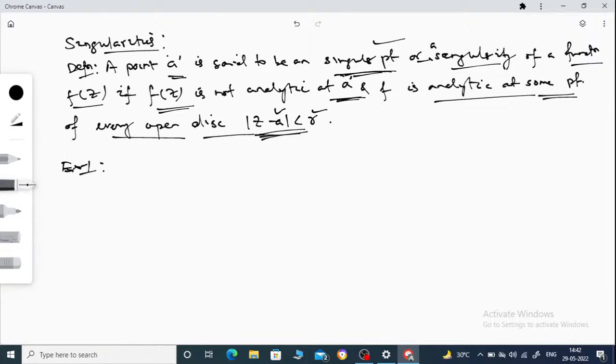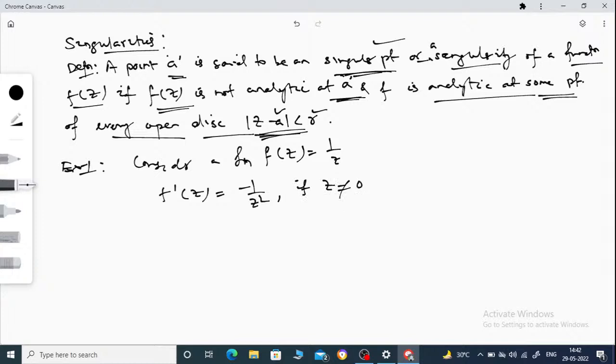Example one: consider a function f of z equal to 1 by z. If we take its derivative, it will be minus 1 by z square, if z is not equal to 0. If z equal to 0, f of z does not exist, and also f dash z does not exist.